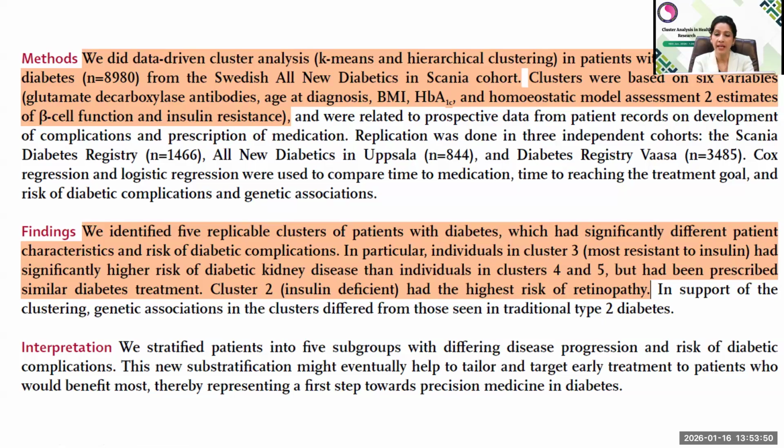But they had been prescribed similar treatment as the other clusters. On the contrary, cluster 2, which was insulin deficient, had the highest risk of retinopathy. So they said that based on this clustering, there should be targeting, and you can individualize the treatment. And that's the beauty of the clustering method.